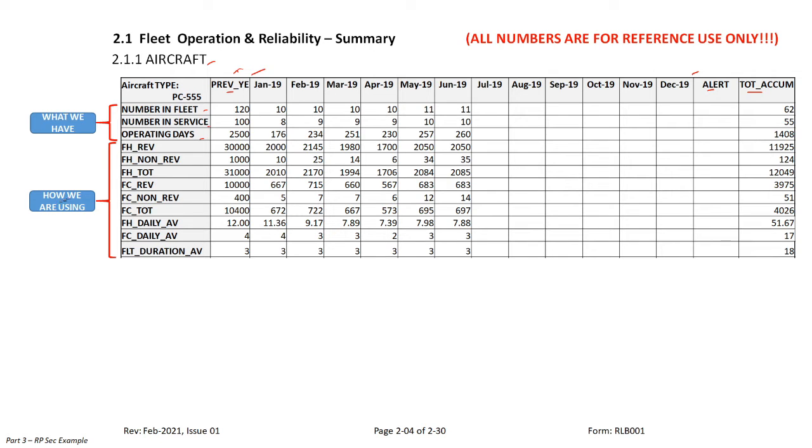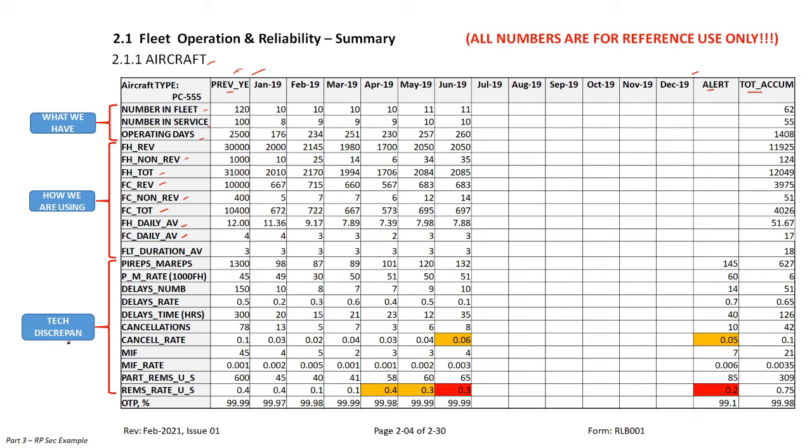Part number 2, how we are using: revenue flight hours, non-revenue flight hours, total flight hours, revenue flight cycles, non-revenue flight cycles, total flight cycles, average daily flight hours, average daily flight cycles, and the last one, average flight duration. Again, I would like to remind you, don't use these numbers. These are dummy numbers, fake numbers, okay? All this is just for example.